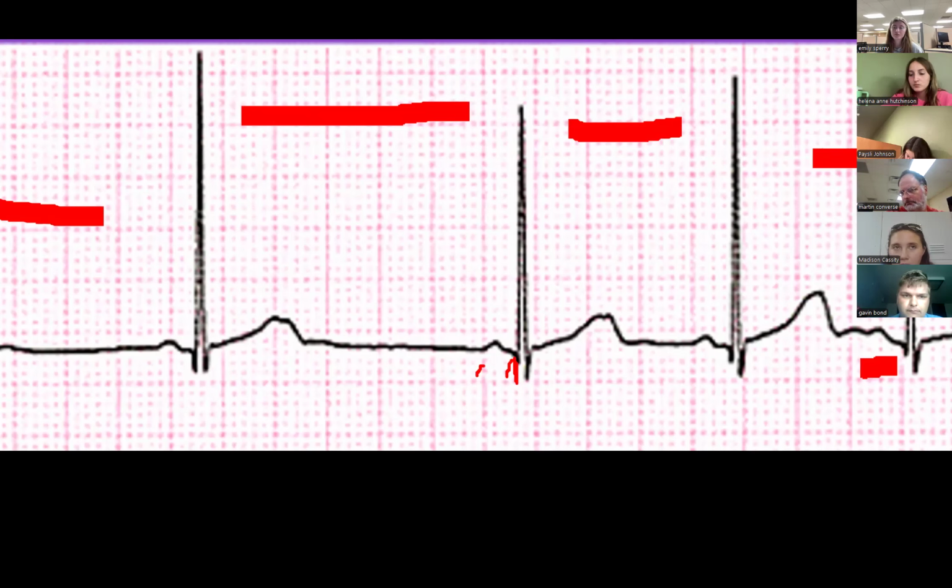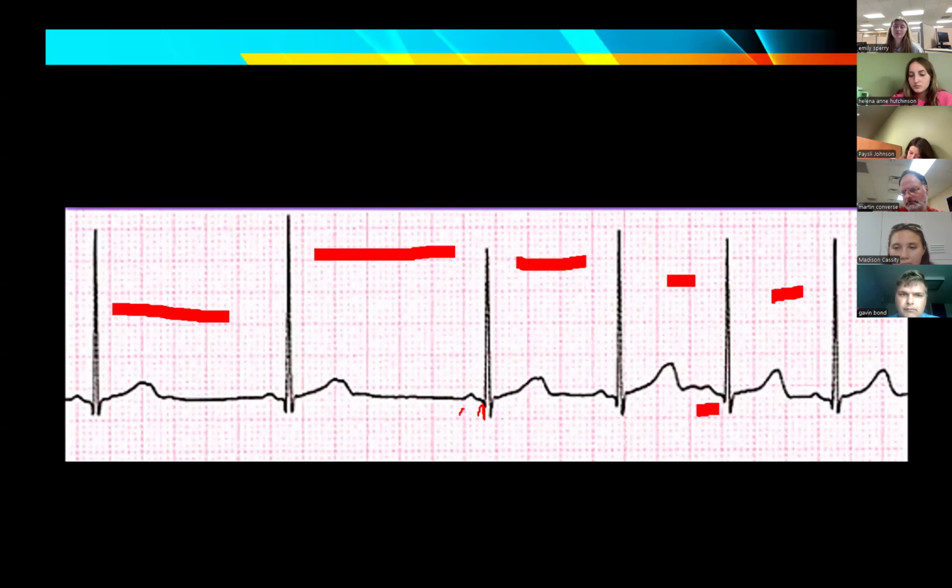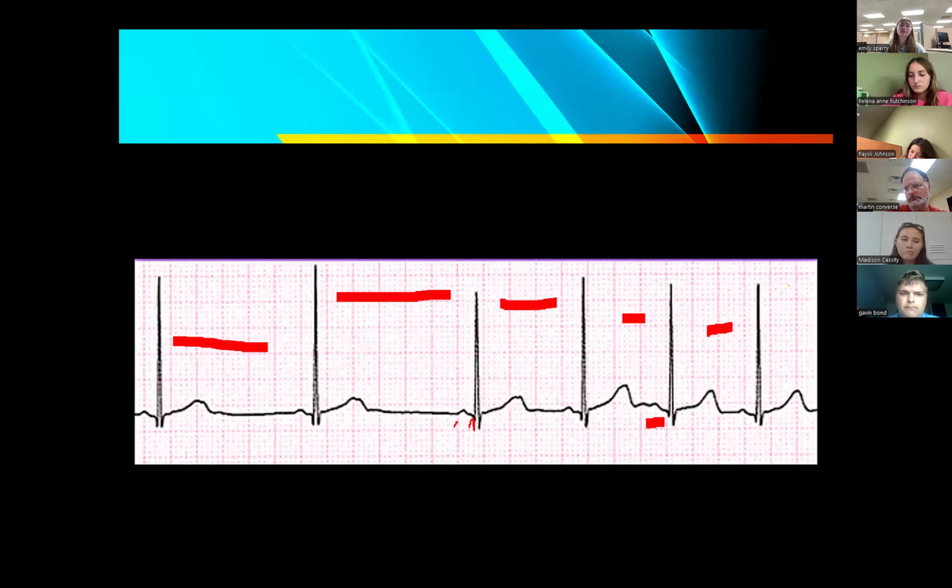Does it look like it's of a normal width? No. So yeah, it actually is, because that's actually just one small box, which would make the width 0.04 seconds, which is completely normal.